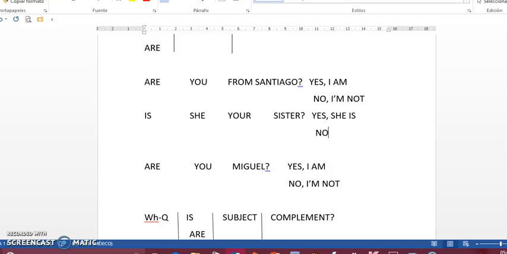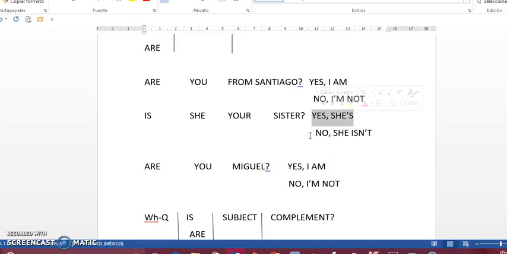If the answer is negative, you have to say, no, she isn't. In negative short answers, we can use contractions, but in affirmative short answers, we don't use contractions. If I say yes, she's, this form is incorrect.